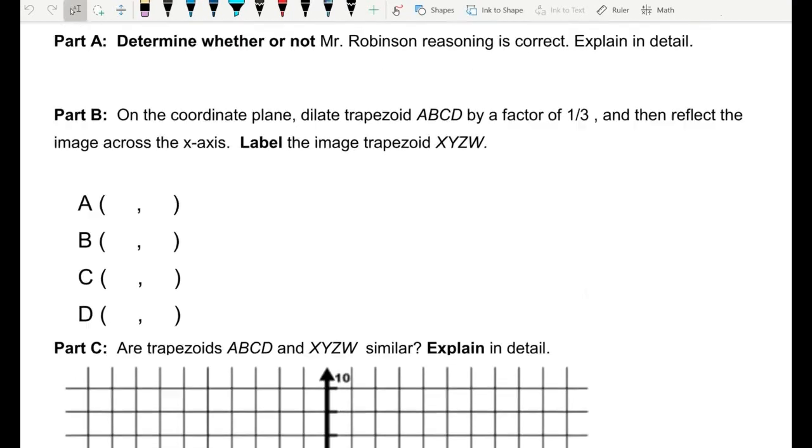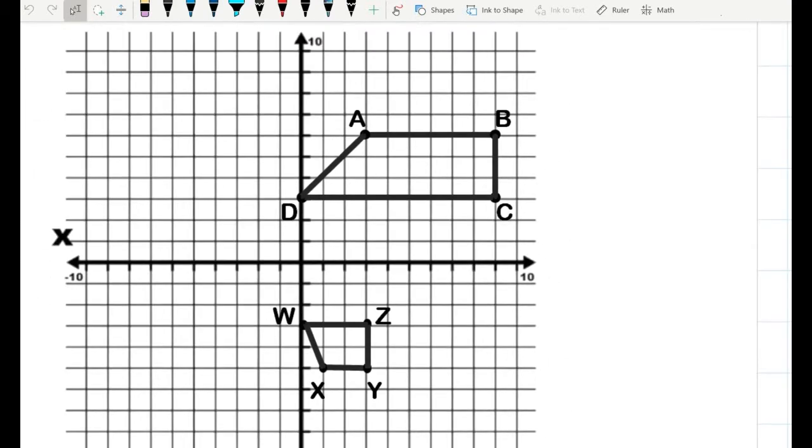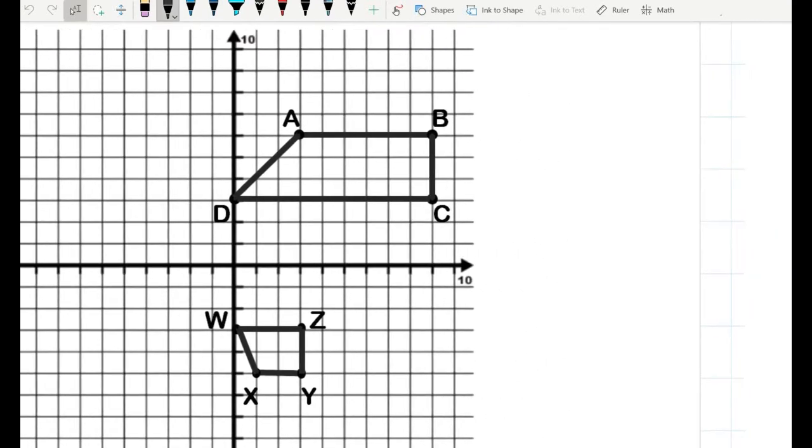So AB over XY, and DC over WZ, equal to 3 over 1. First of all, we want to make sure the statement right there is true.